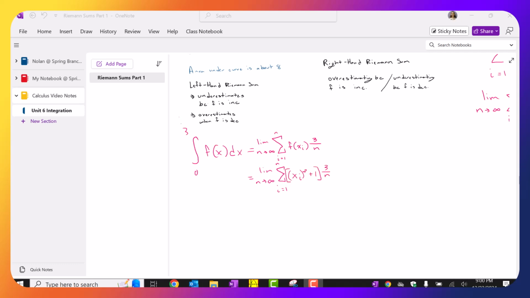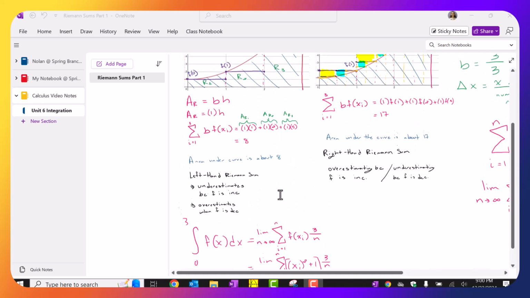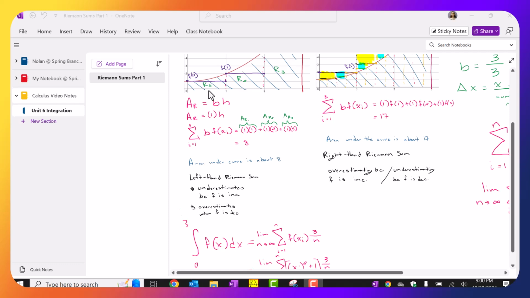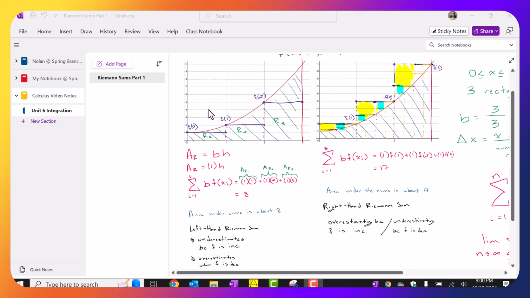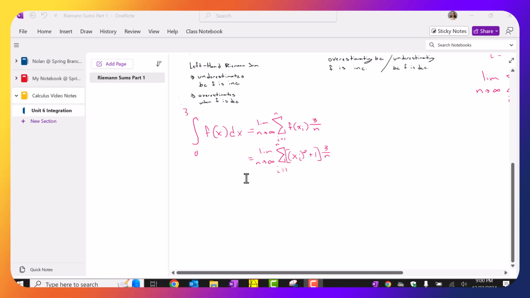And then we are going to rewrite this x sub i just in terms of i. So if we're doing our left Riemann sum, when i is 1, we want 0. So really all we have to put here, instead of x sub i, we want a 0. We start at 1.